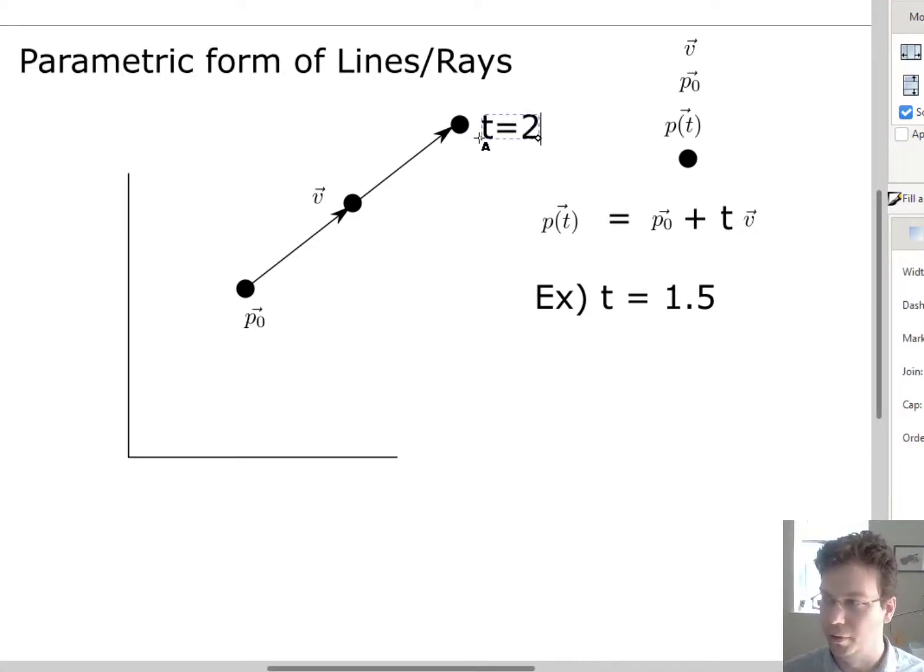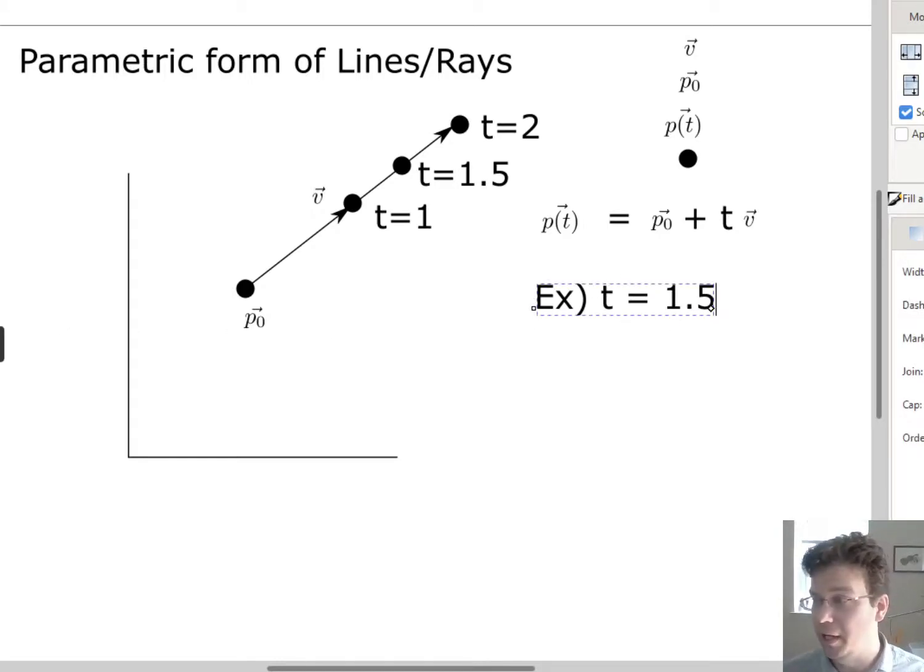So this is T is equal to 2, T is equal to 1. And then right in the middle there, we're going to have T is equal to 1.5, right? Somewhere around here. So notice as you vary T, you can go to different points, but they're all going to be on this line because they're fixed to be going in this direction here.